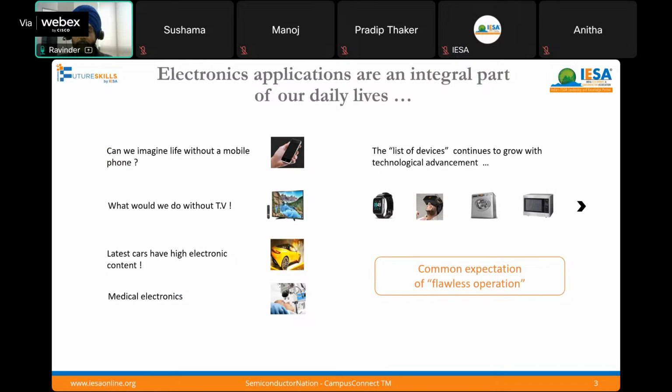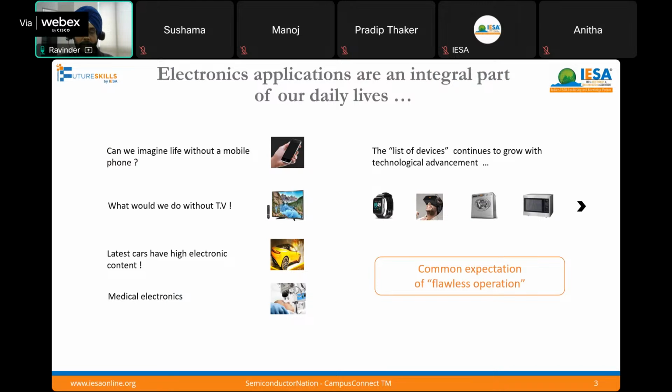The average car on the road today has high electronic content, of the order of 50 to 60 SoCs, and that goes on increasing for high-end cars. And we know that cars of the future, like autonomous driving cars, will be completely controlled by electronics, software and hardware. So high electronic content there.